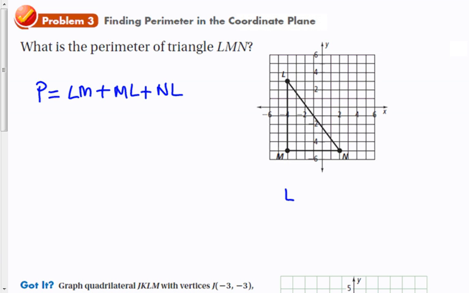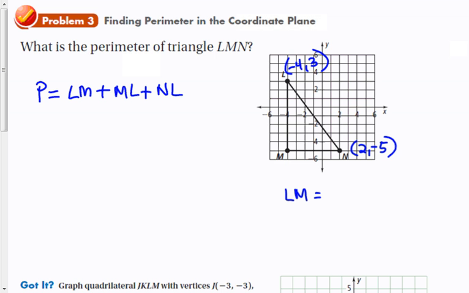So LM, now if it's in a straight line, you really don't have to use the whole distance formula. You can just subtract the coordinates. So to find LM, since it's a vertical line, I'm just going to subtract the y coordinates. So let me write down the coordinates of each of these. L is -4, 3. N is 2, -5.